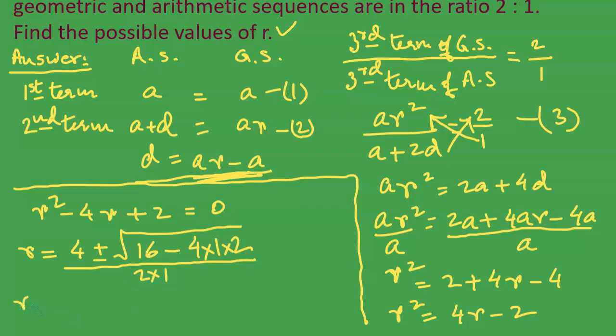So R is equal to 4 plus minus the square root of 16 minus 8, which is 8.